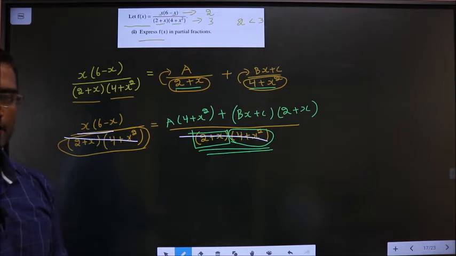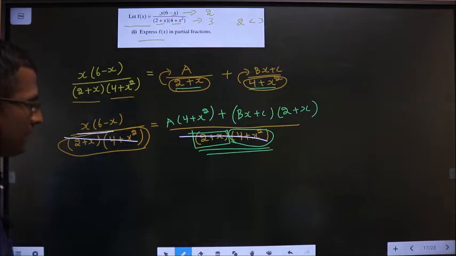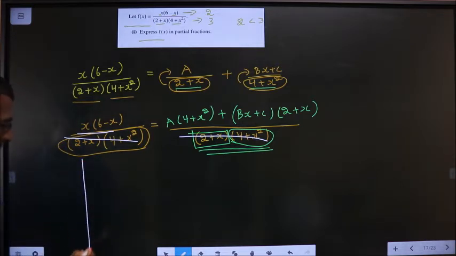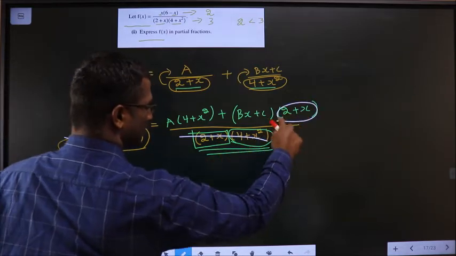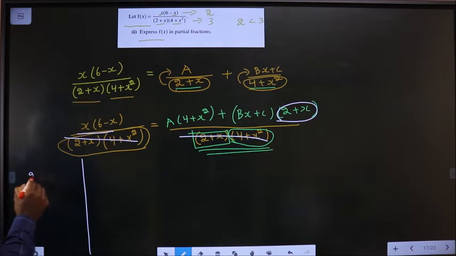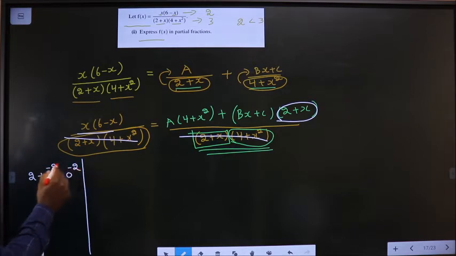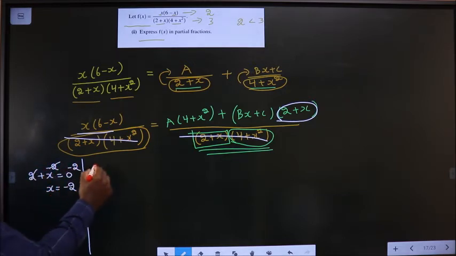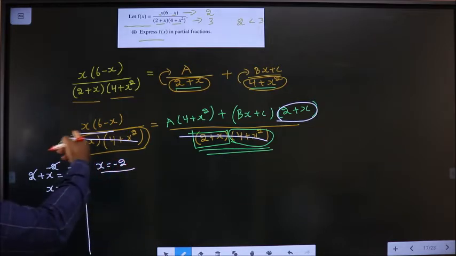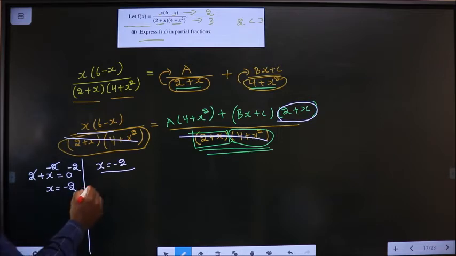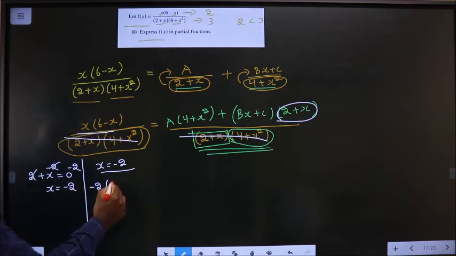Now, how do I decide the value of x? See, I try to make the bracket 0. First, I try to make this bracket 0. For what value of x will this be 0? Take minus 2 on both sides. So, x equal to minus 2. So, let us take x equal to minus 2 now. Replace in the entire thing. So, in place of x, minus 2.